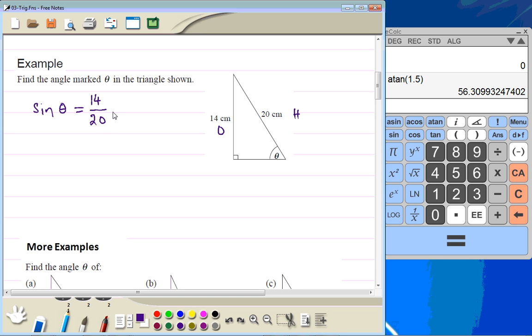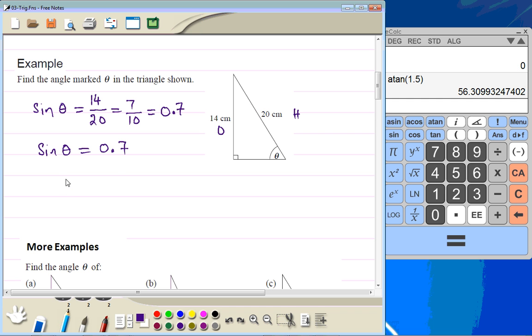Because we're using a calculator, we don't need to simplify. In this case, it's 7 over 10, which is the same as 0.7. So we have sine theta equal to 0.7.